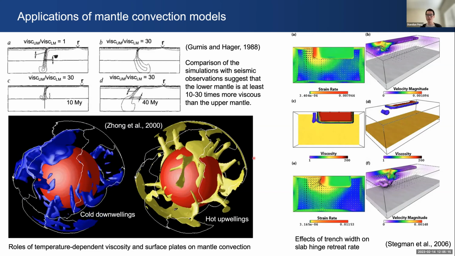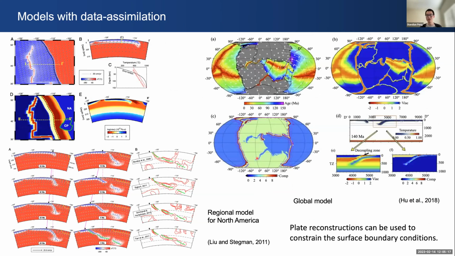Recently, with the development of plate reconstruction, there are more and more geological and geophysical data to constrain the historic position of different plates and also the seafloor age. Now the plate reconstruction models are getting better, so we can use them to constrain the surface plate motion and the spherical structure.